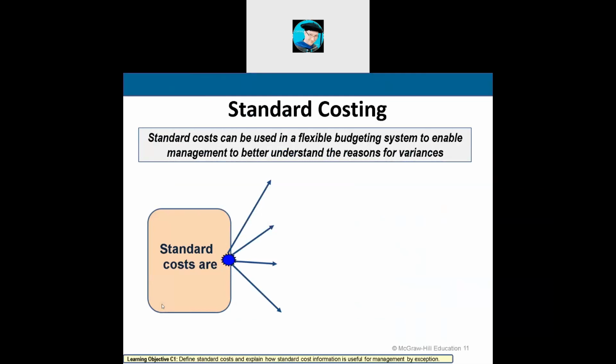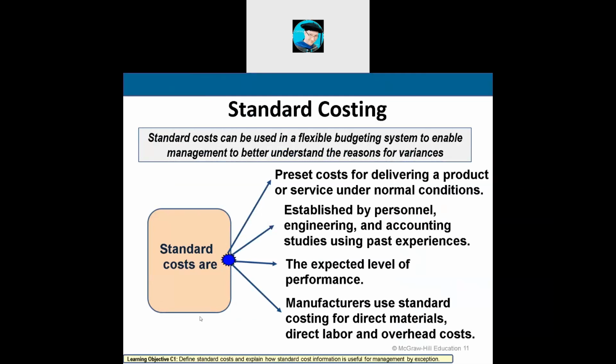Now, you're going to hear me use a couple of terms. You're going to hear me use the word standard cost, and you're going to hear me use the word actual cost. Standard costs, think of this as the budgeted cost, the expected amount.